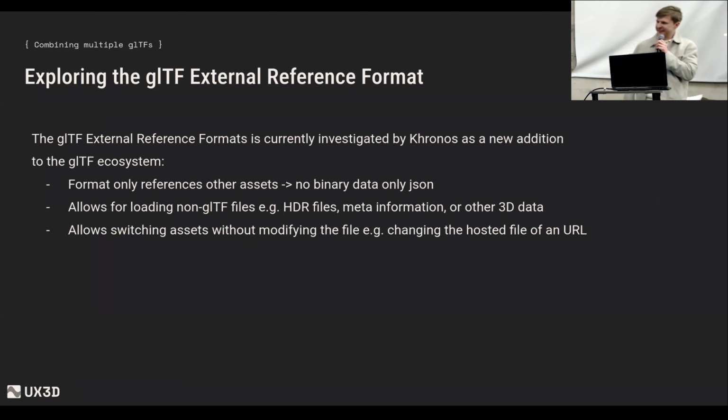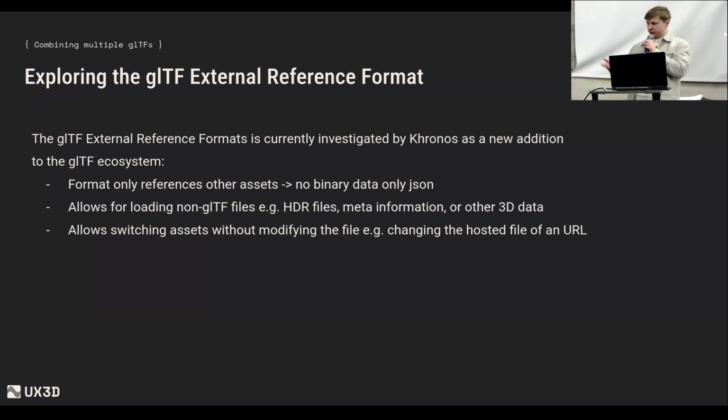Okay, and then the next topic. So we did some exploration for the glTF external reference format. This is still in an experimental state. We're actually looking for feedback on this format, and if it makes sense to implement it, and what is needed there. So we did a project to figure out what are some use cases for the glTF external reference format. The format itself is only JSON based, and the reference is glTF, but it can also reference other file formats.